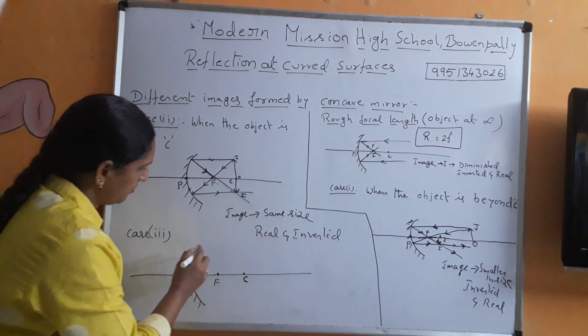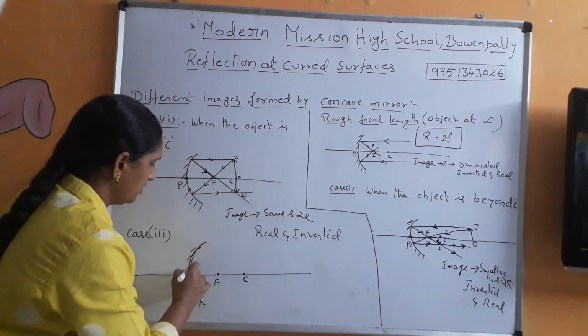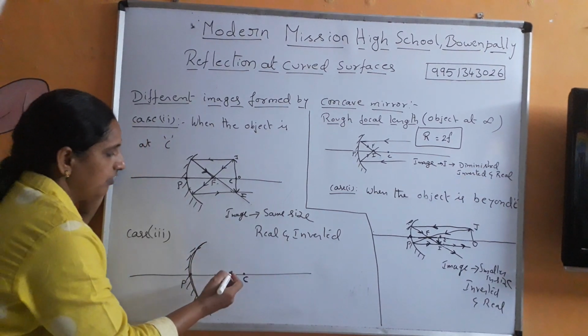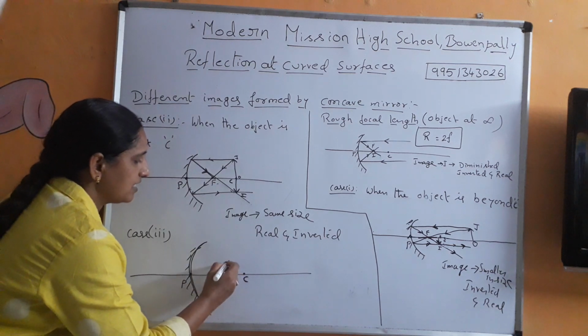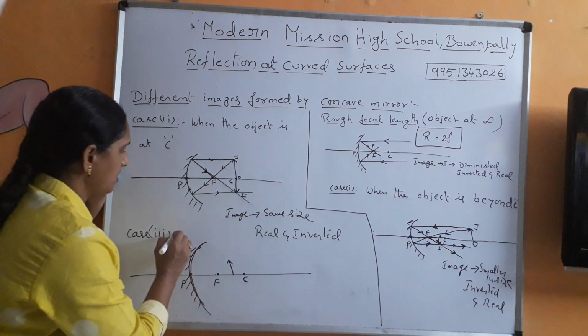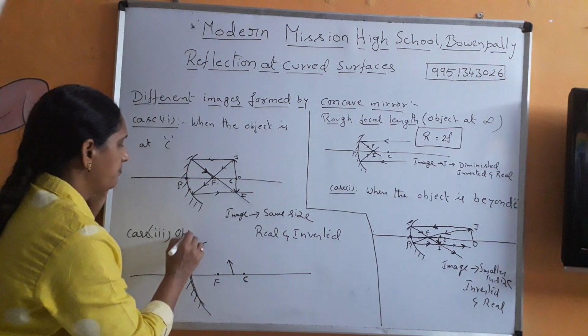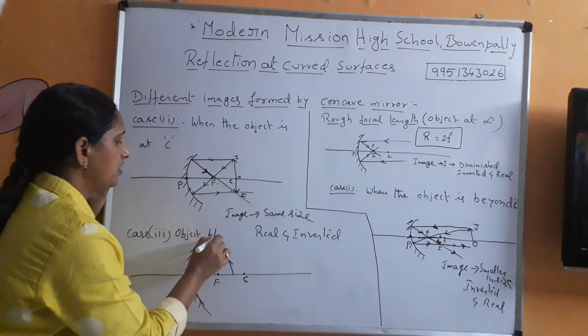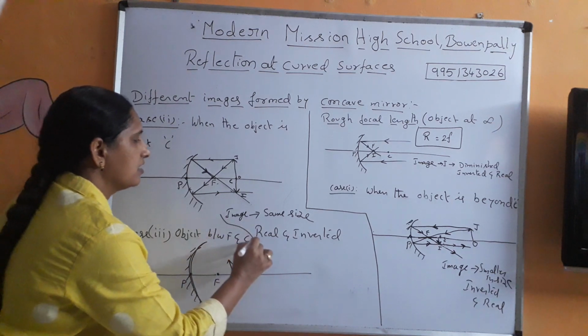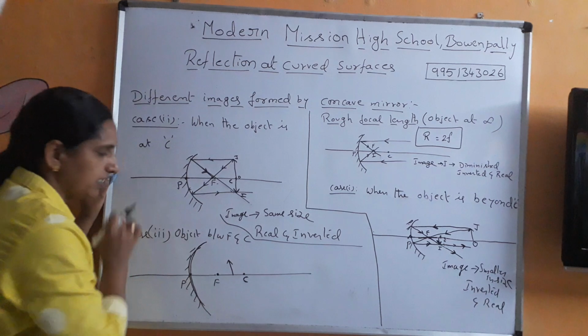I think I am moving away from this, right? So let me take my curvature to be a little bit bigger. And now the object is placed between F and C. This is the third case.